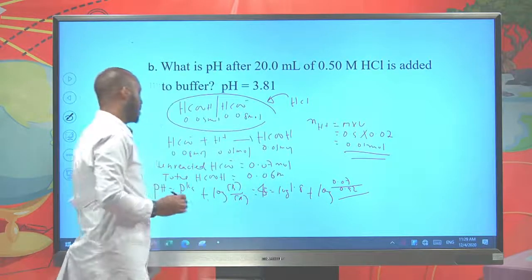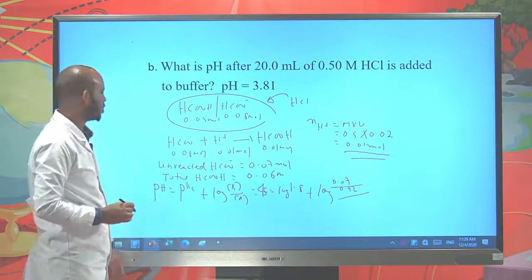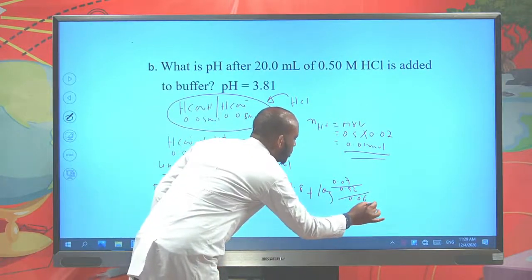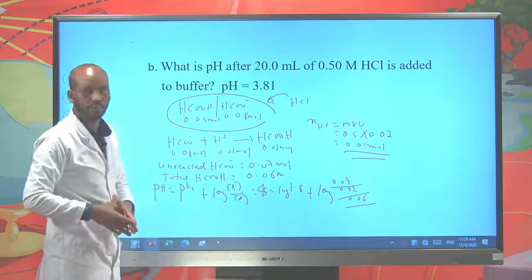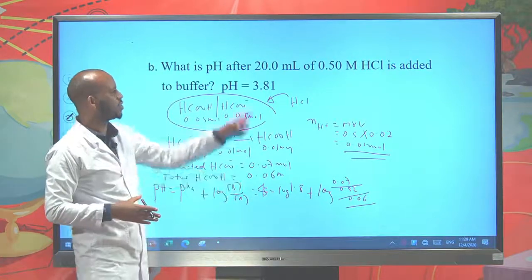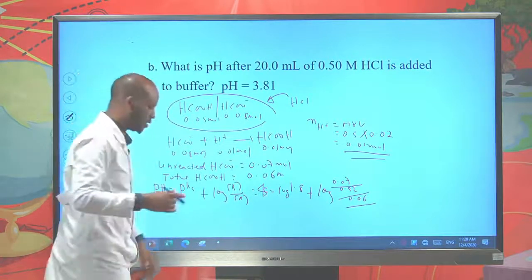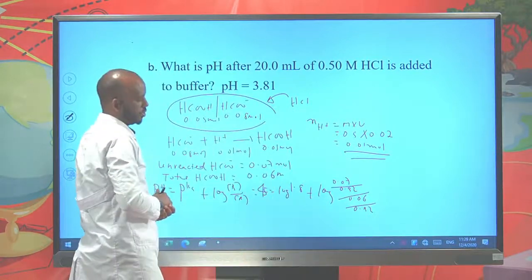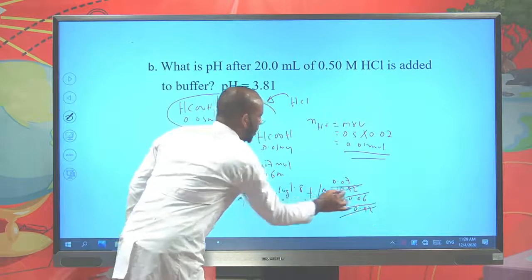Acid is 0.06 divided by 0.92 liter. Now this will cancel this.